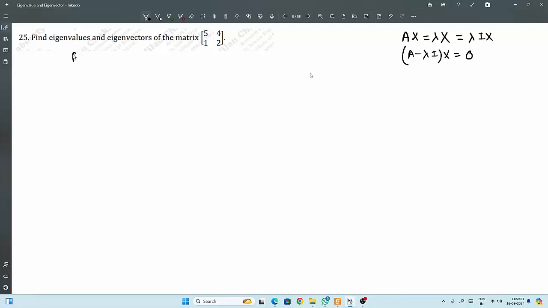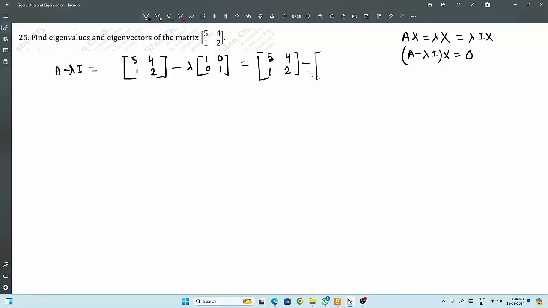So that means if lambda is the eigenvalue and x is the eigenvector, your matrix A is 5 4 1 2. If you write A minus lambda I here, how does it look? The A matrix, minus lambda into the identity matrix 1 0 0 1, that means 5 4 1 2, and then minus lambda 0 0 lambda.